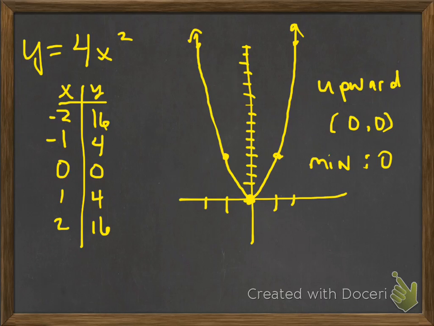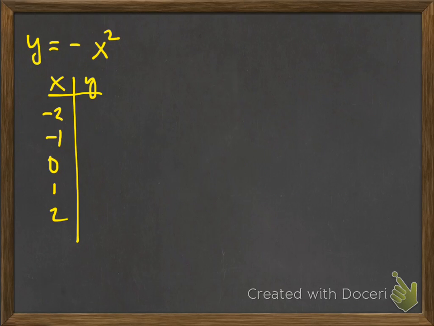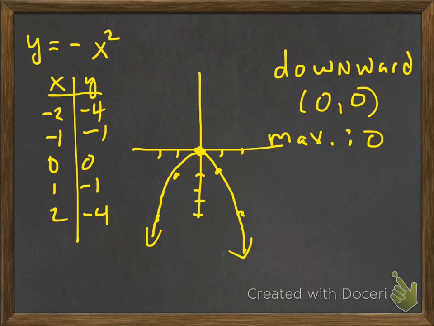Okay, another example. So I'm going to go through these examples quick. If you have questions, feel free to ask later. Y is equal to -x squared. All that would do is make sure that you square them and then make the answers negative. So like -2 squared is +4, but then it would be -4. Oops, skipped a spot.